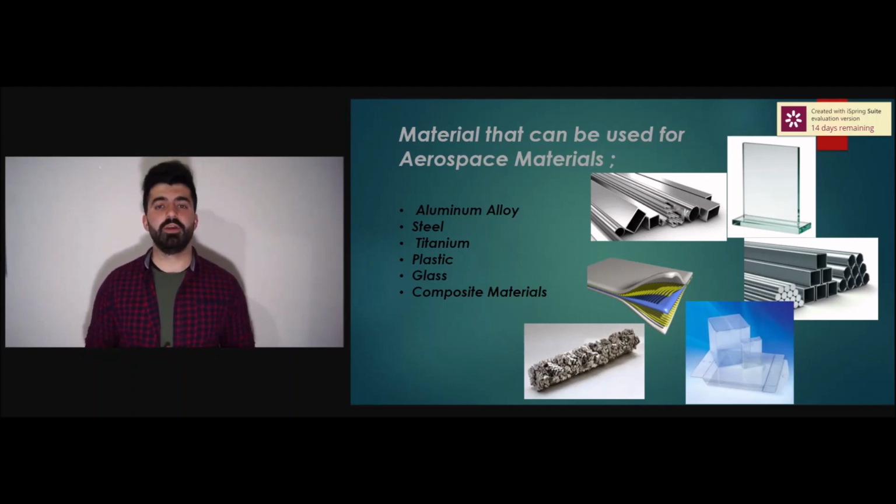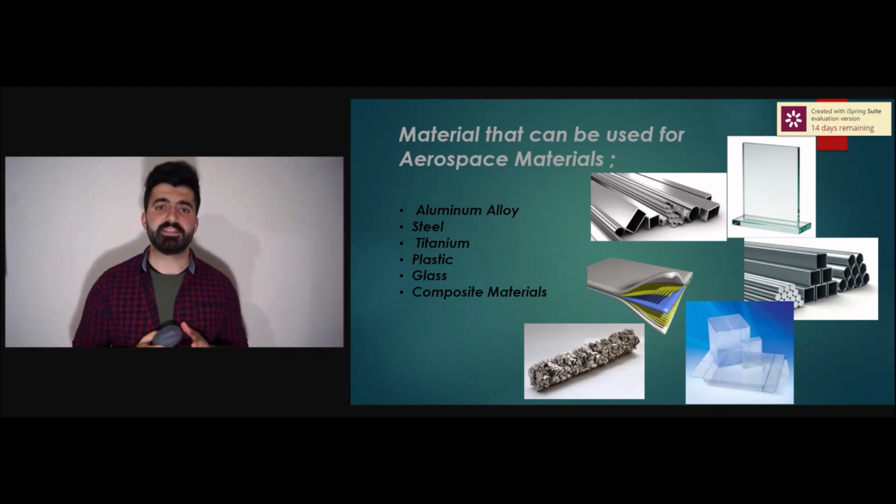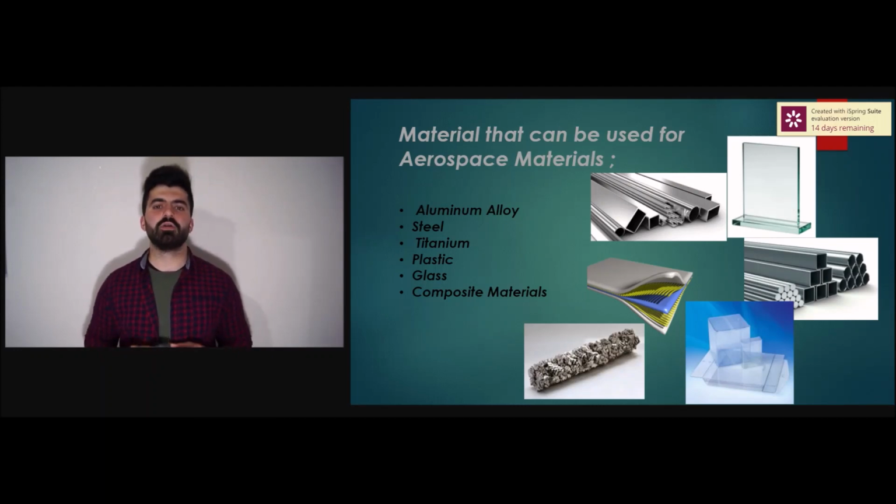The fourth material that can be used for aerospace is plastic. Not all kinds of plastics, but plain plastic materials have specific gravities of approximately unity and are therefore considerably heavier than wood, although of comparable strength.